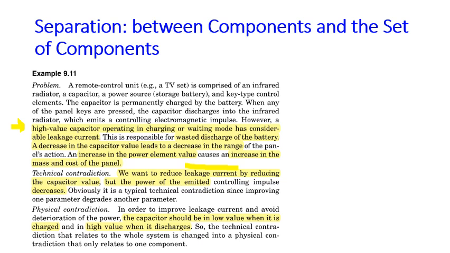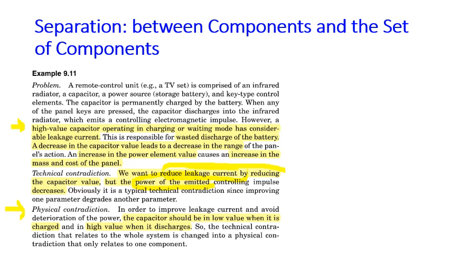So there's a technical contradiction here. We want to reduce the leakage current, but then if we do that, the power will become worse as well. So we want to improve the conservation of battery, but then the power becomes worse. If we look at the physical contradiction, actually we can just look at the capacitor itself.